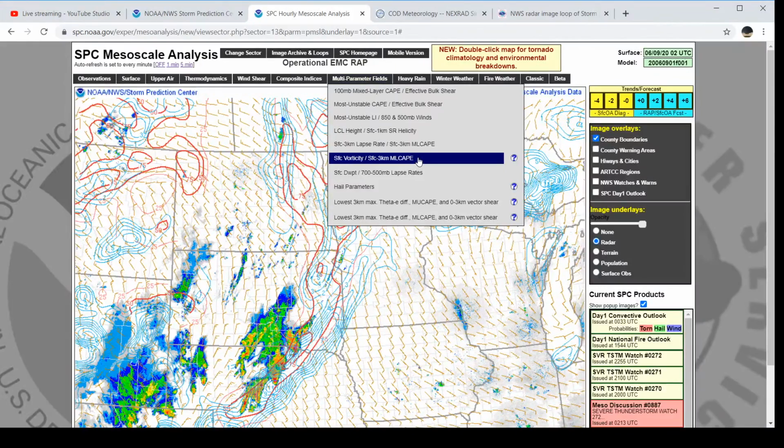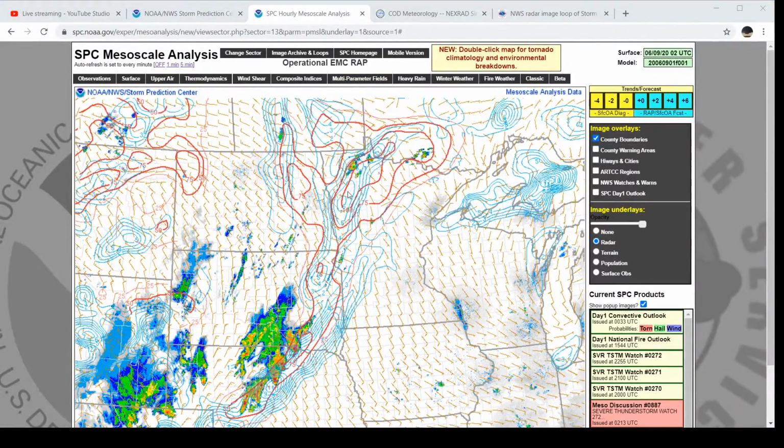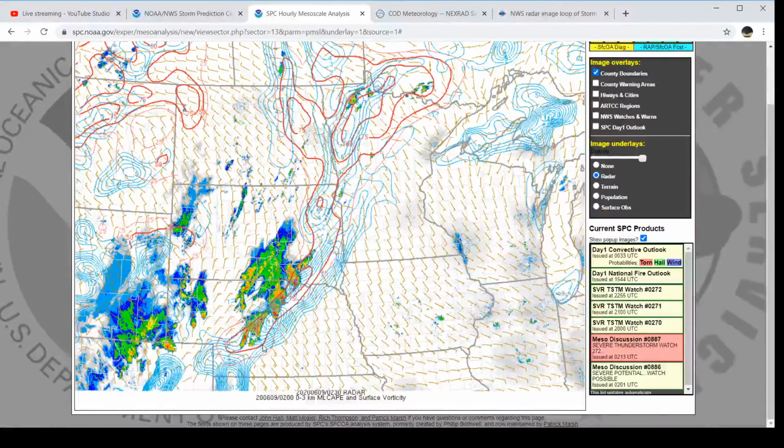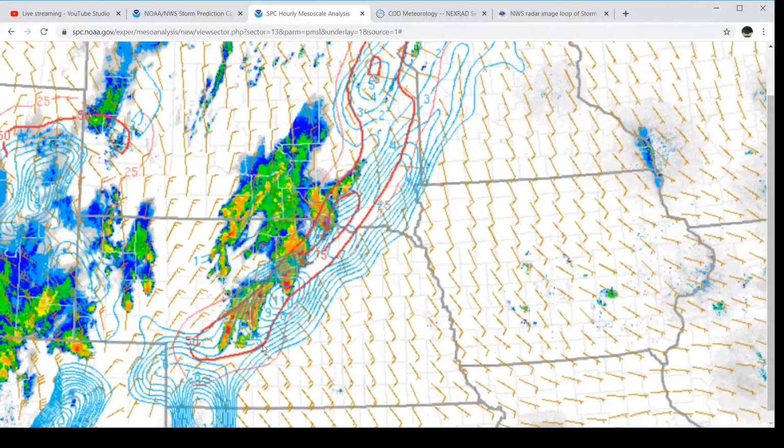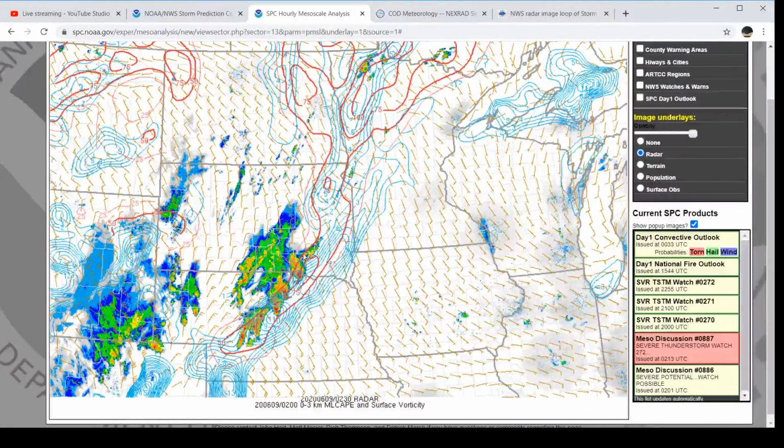Surface vorticity. I say it's coexisting pretty good.